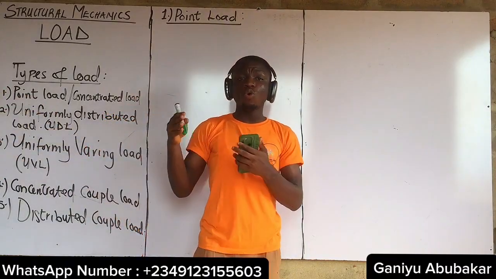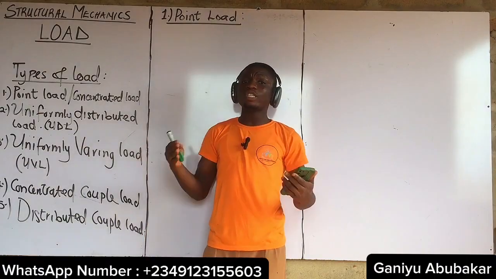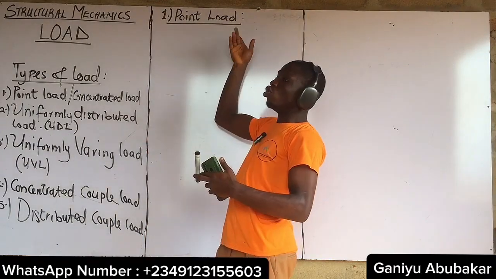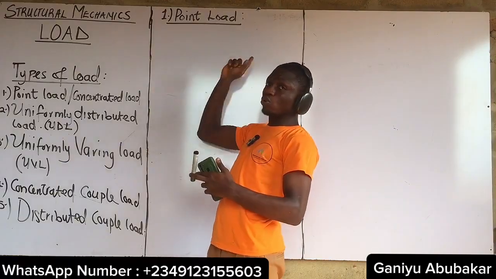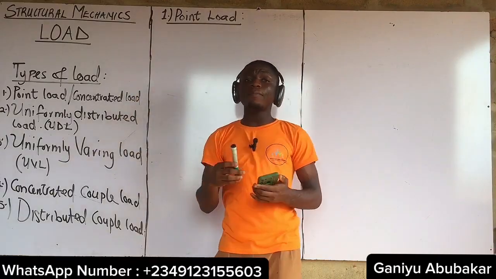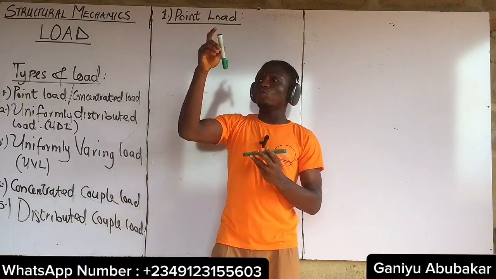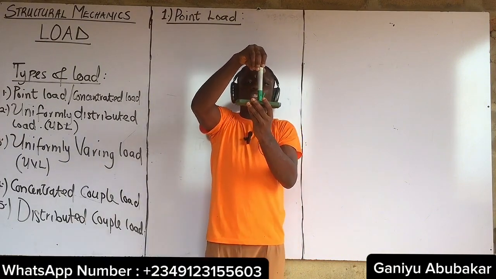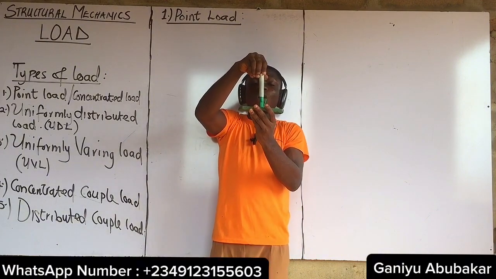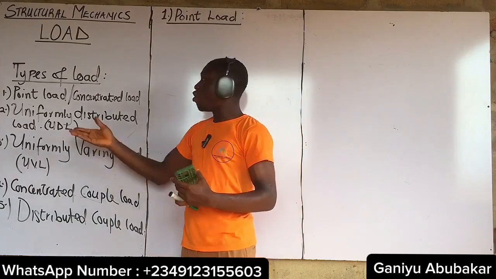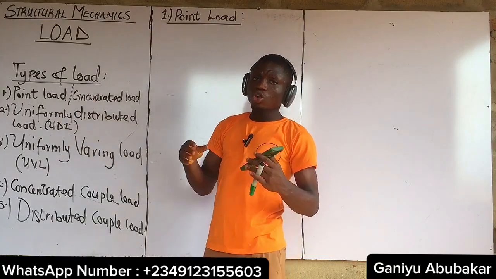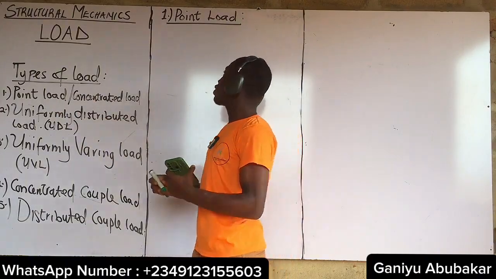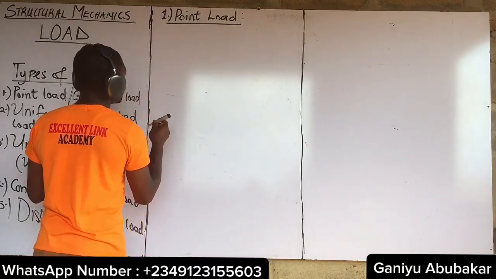So whenever a load acts at a point, it is said to be what? A point load. Load at a point. Point load. That's the concept. So when a load acts at a particular point on a structural member or on a body, it is said to be the point load. The diagrammatic expression for a point load is shown below.